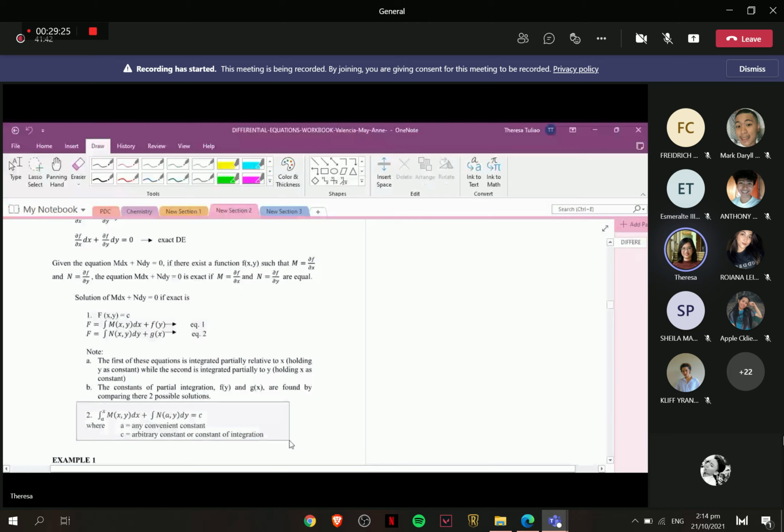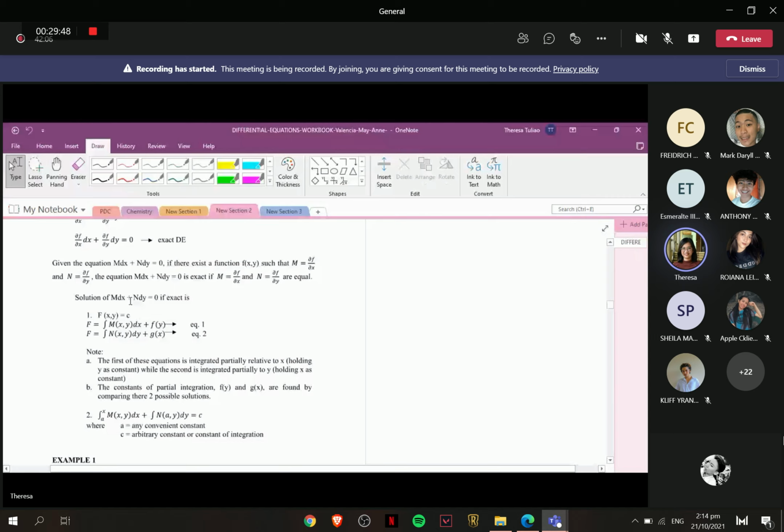So, we have here the first equation that we are going to use in the first solution. Fix yan na ganyan ang form ng first equation, and then second equation, and then i-compare lang natin later yung kakalabasan, and then pagsasamahin.